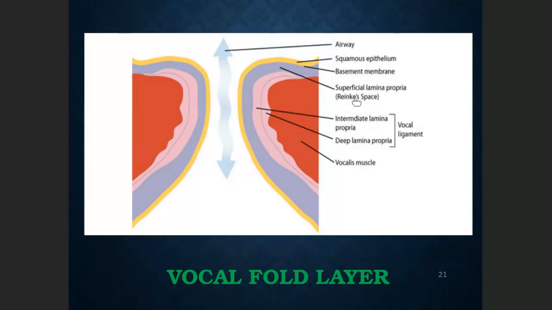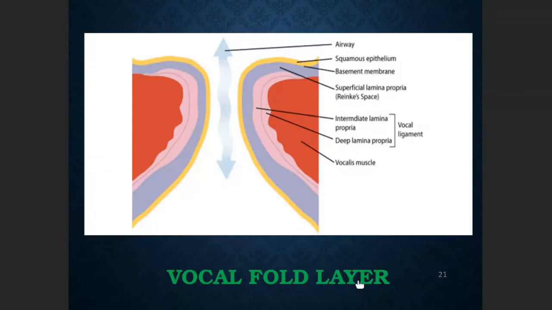So when we mention Reinke's space, that means we are dealing with the superficial lamina propria. After that, the intermediate layer, then the deep layer, and both form the vocal ligament, and then the vocalis muscle or thyroarytenoid muscle. Here you have the airway passing through.